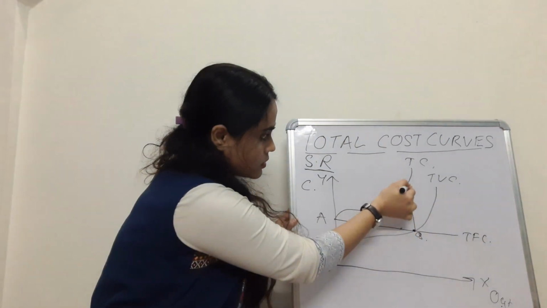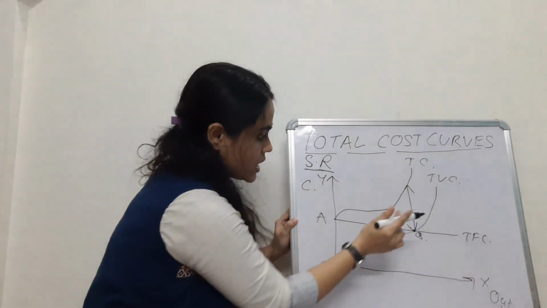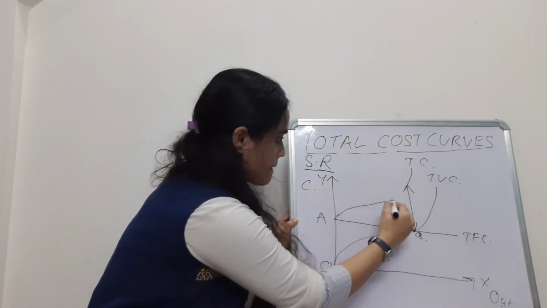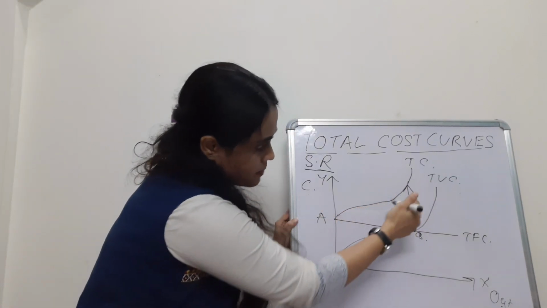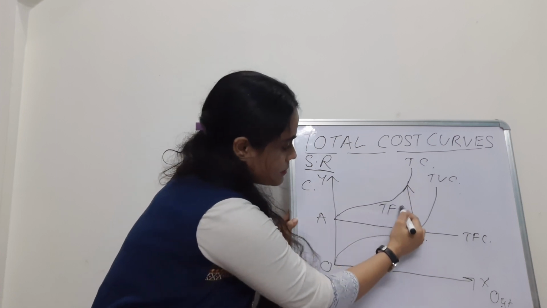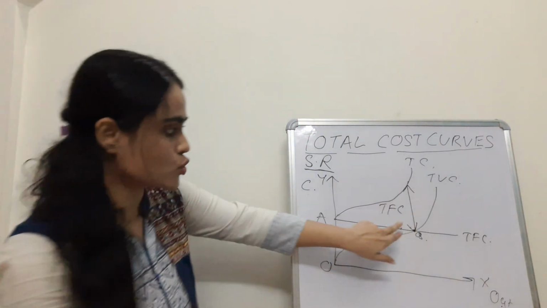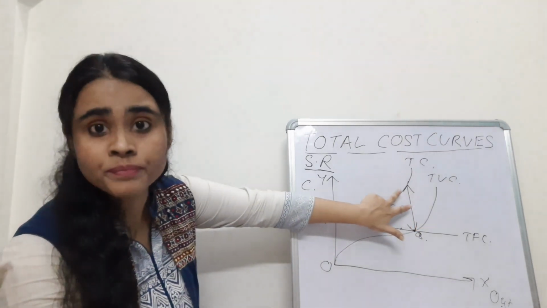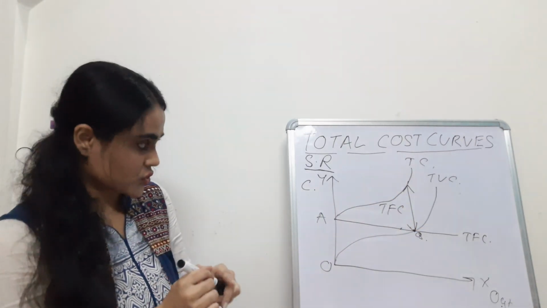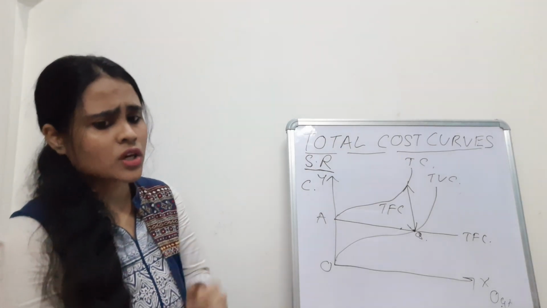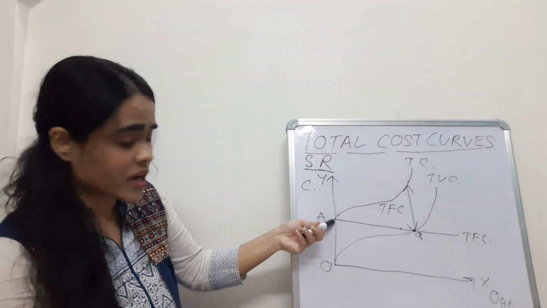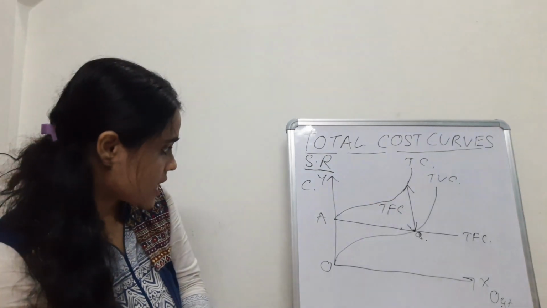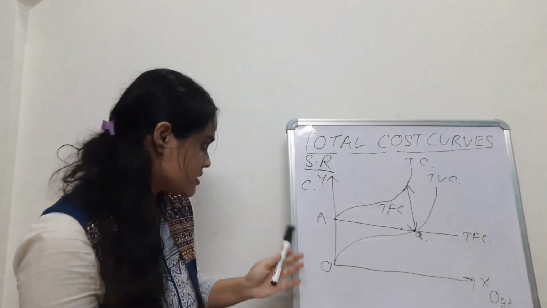So this part, okay, this vertical distance is the total fixed cost, and this is almost parallel to the total variable cost. Okay, so the total cost curve originates from point A, and it is the vertical distance. And what else did I leave?